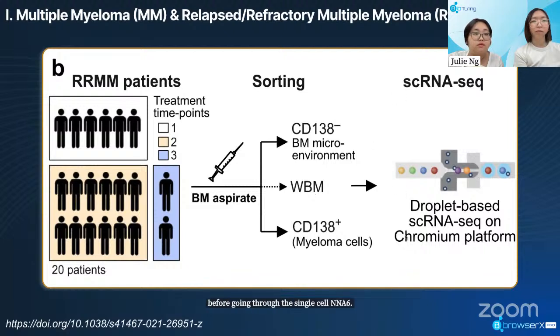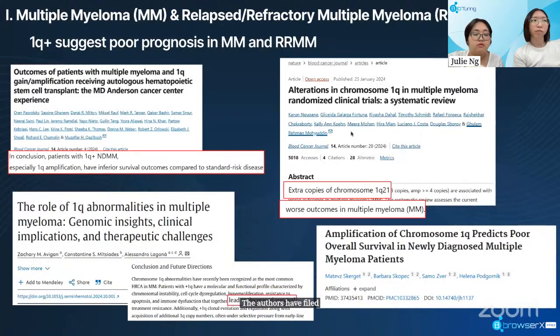Based on this specific study, the authors found the first result: the gain of chromosome 1q, or the gain of the long arm of chromosome 1.